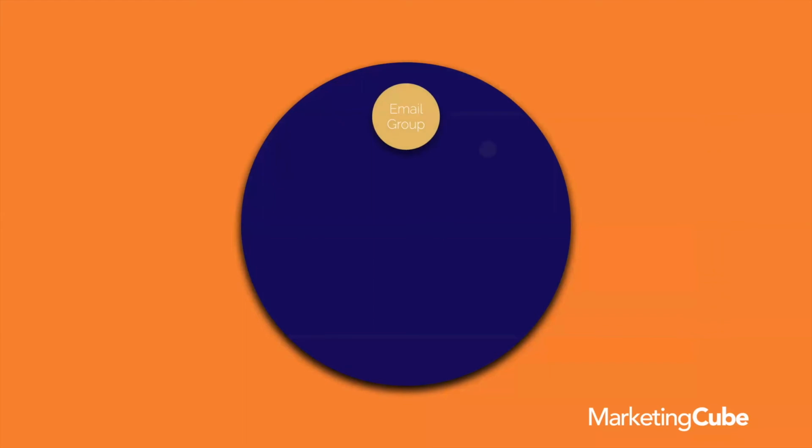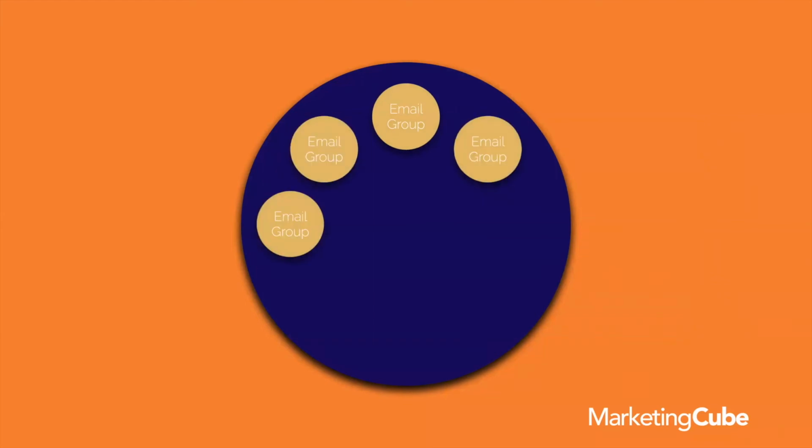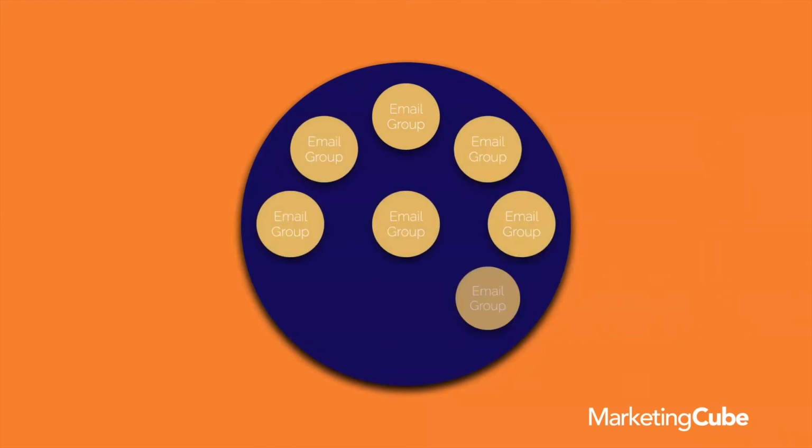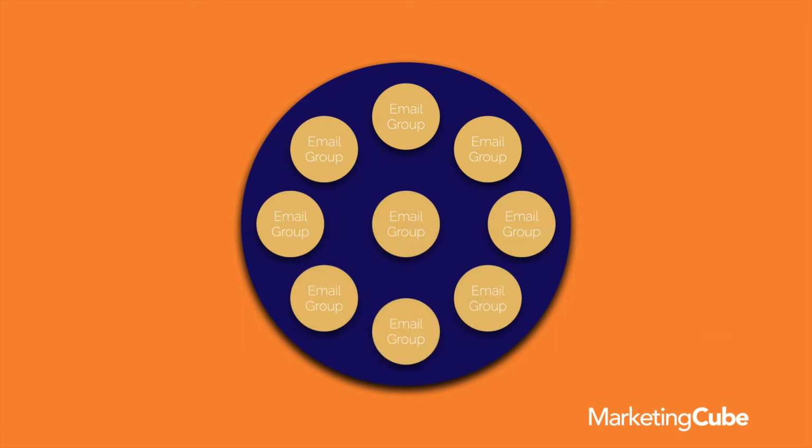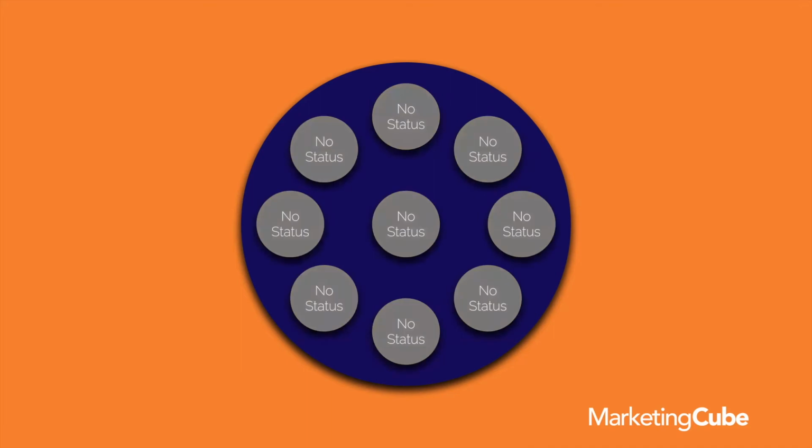And then from an Eloqua point of view, you're in a position to present various email groups. This is the internal language that you use to describe them. By default, they're what we call no status. No status indicates that the person has neither subscribed nor unsubscribed, but they're in the platform. You can see in the background that big blue circle indicates that person is globally subscribed.